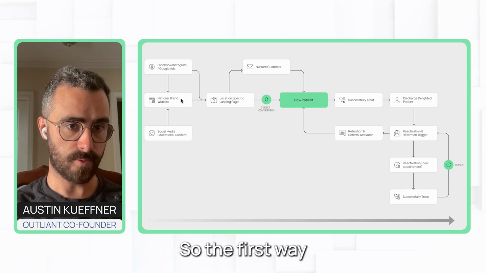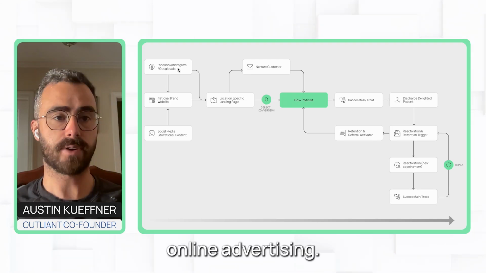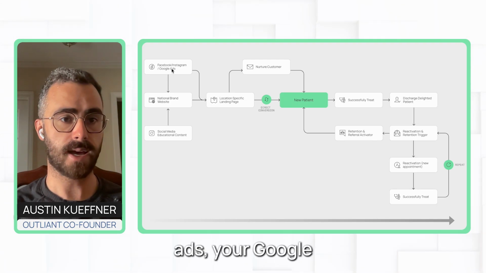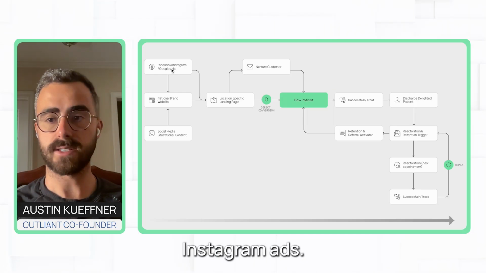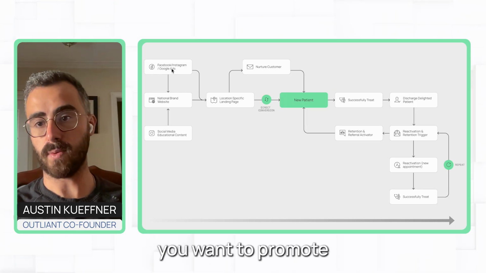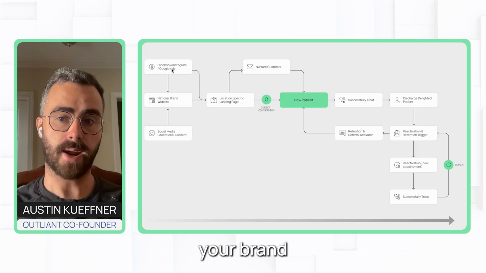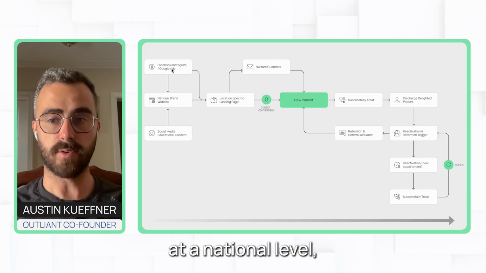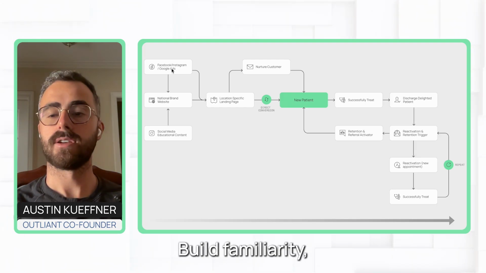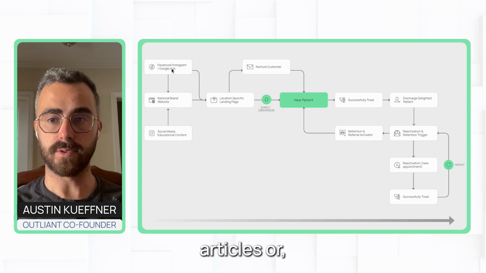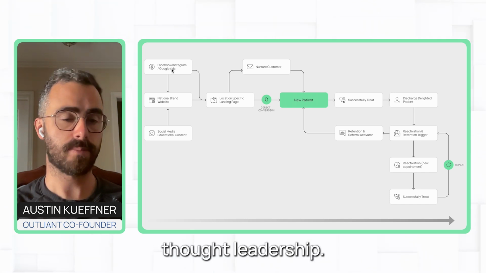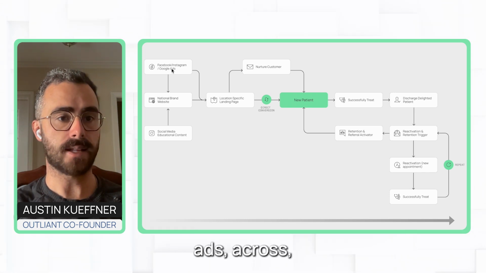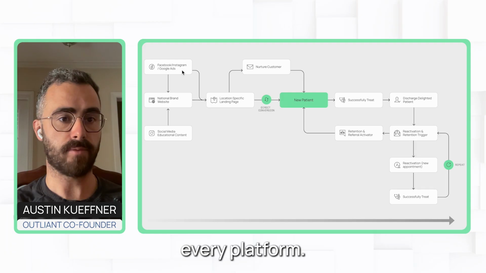So the first way is through online advertising. This can be your Facebook ads, your Google ads, your Instagram ads. Essentially, you want to promote your brand at a national level, right? Build familiarity, share blog articles or interesting thought leadership. You want to run ads across every platform.